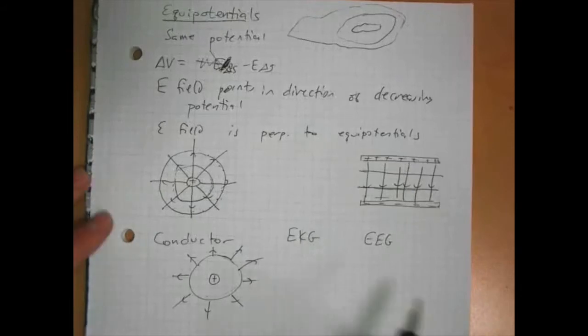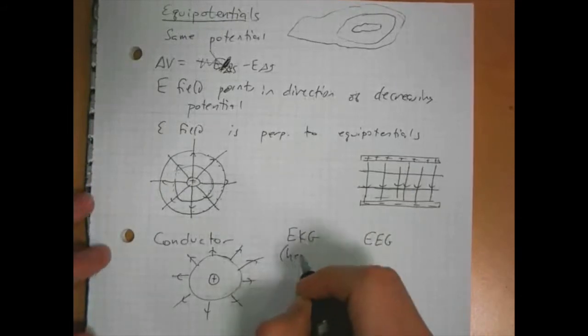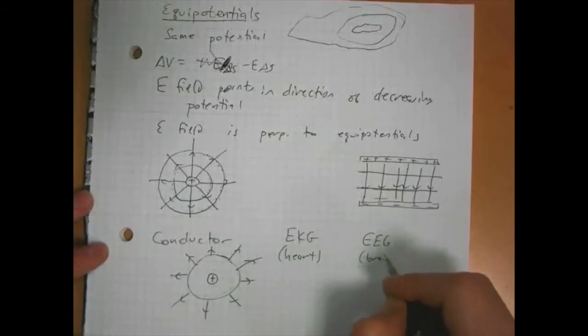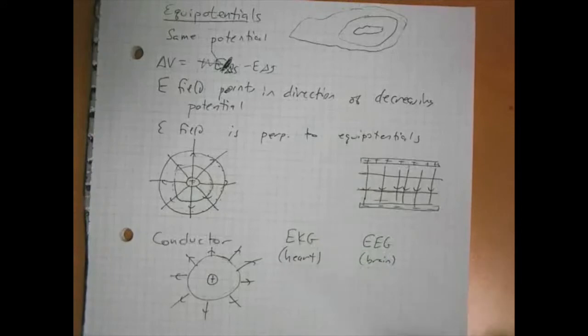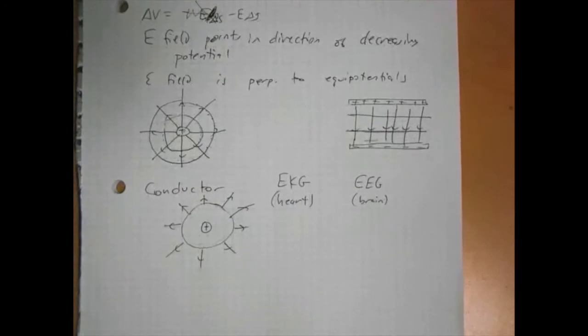The EKG is for the heart. The EEG is for the brain, I believe. And they measure the potential differences in the heart and brain, which allows doctors to diagnose various illnesses or check for all sorts of different medical things that can happen in your heart and brain.